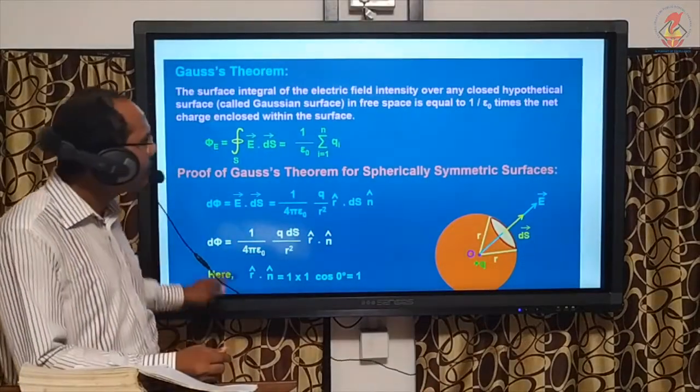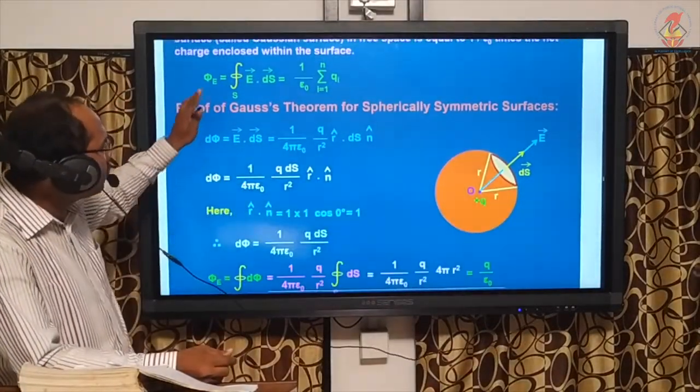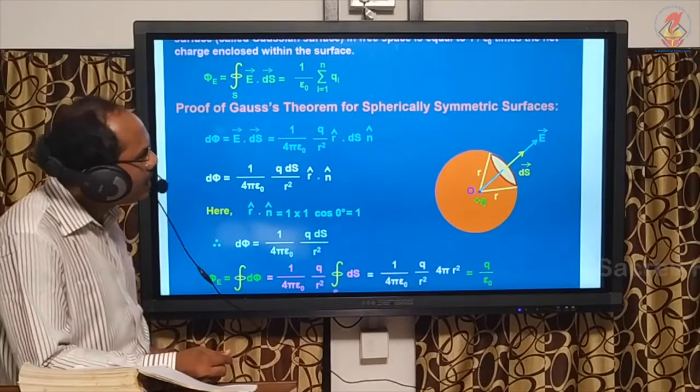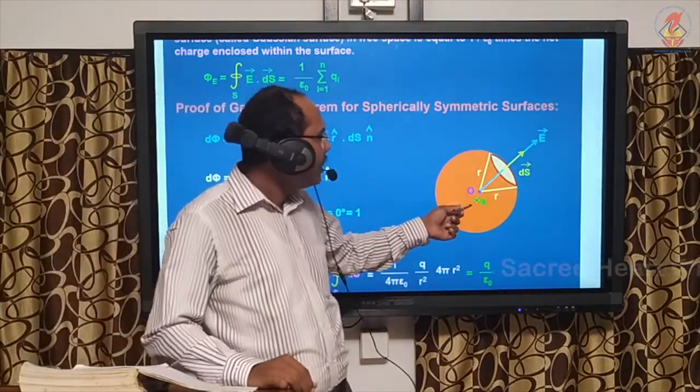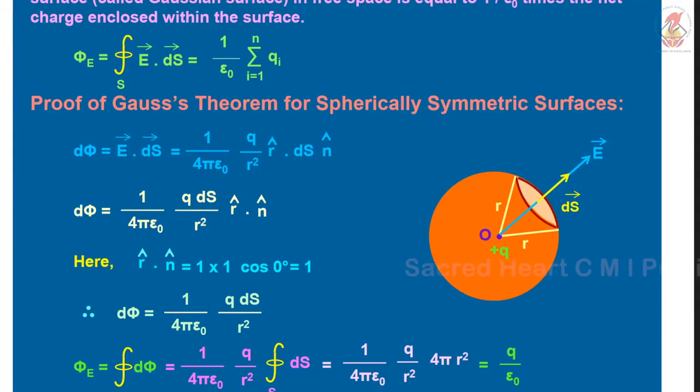Now let us see how to prove that. Imagine a charge q is placed at the center of the sphere. The radius of the sphere is r, and take a small surface which is dS.